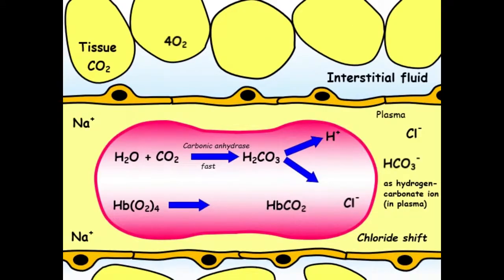The higher concentration of carbonic acid in the red blood cell causes the accumulation of hydrogen ions in the red blood cell. This causes the pH in the red blood cells to reduce. So another function of hemoglobin is to join with the proton, so hemoglobin can also act as a buffer.